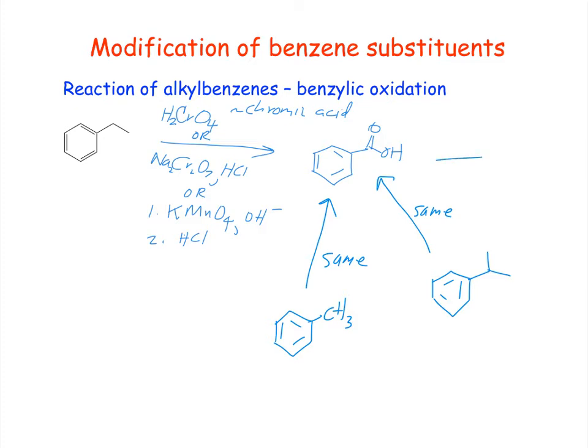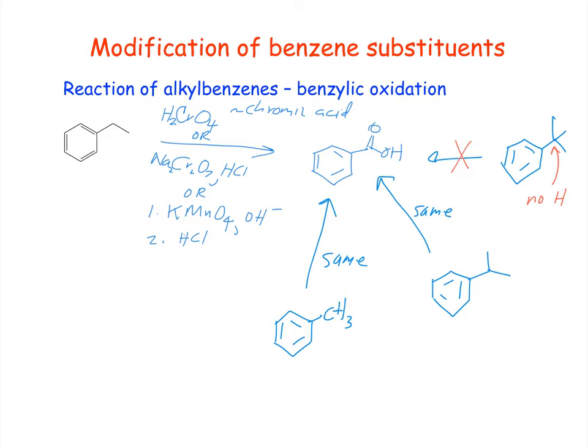But if we had butyl benzene, then it doesn't work. So what's the difference between these? There needs to be a hydrogen on the benzylic position to be able to oxidize it all the way to the benzoic acid. This one's different because there's no hydrogen at this position.